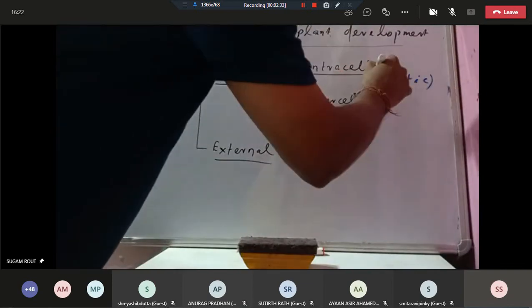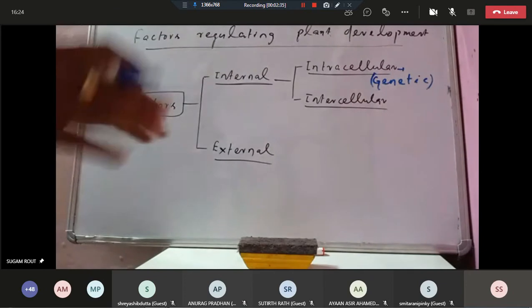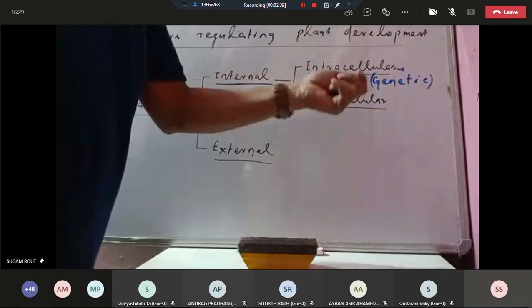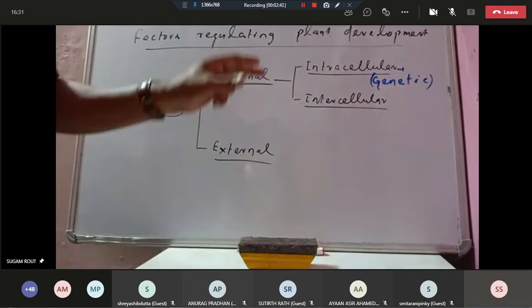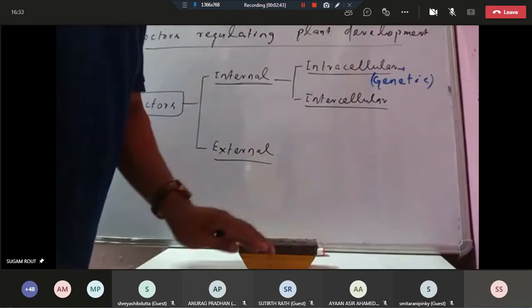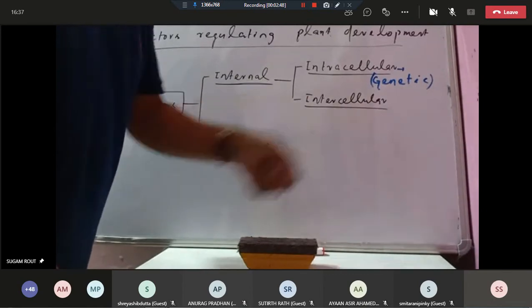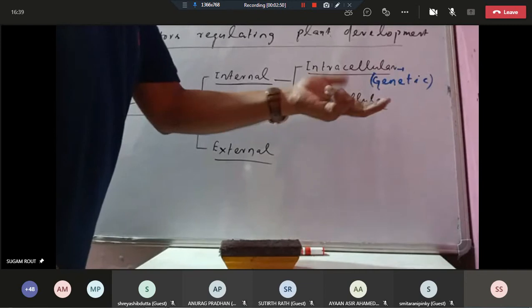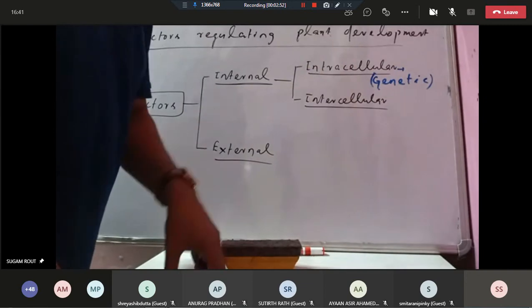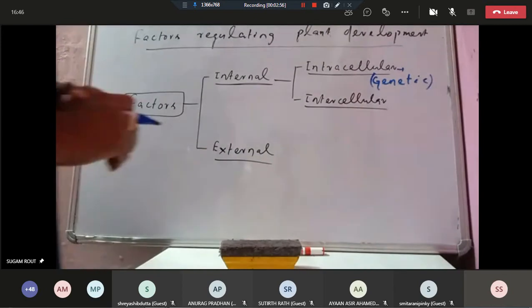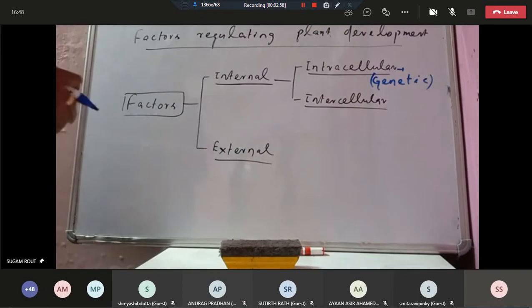So genetic factors are the genes which contain different types of information. At a particular situation, environment and condition, these genes are expressed and regulate the different metabolic pathways, regulating growth or development in the plant.